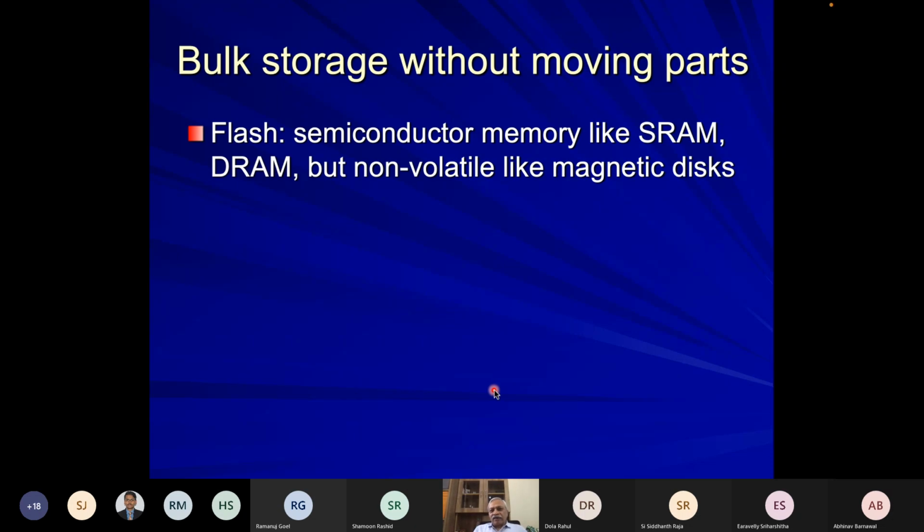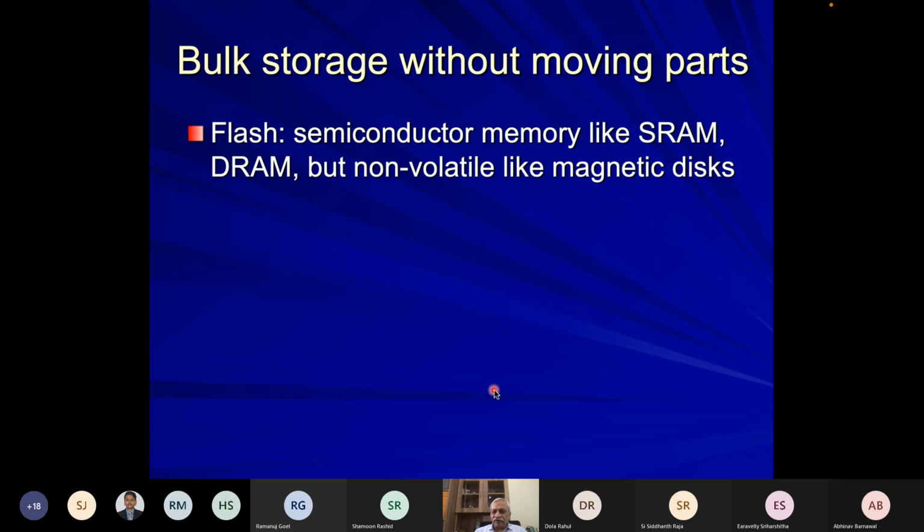An alternative to a hard disk drive like this is flash, which is semiconductor memory like SRAM or DRAM, but it is non-volatile. In that sense, it is like magnetic disks, which are non-volatile. Non-volatile, as I mentioned earlier, means that when you turn the power off, the information is not lost.